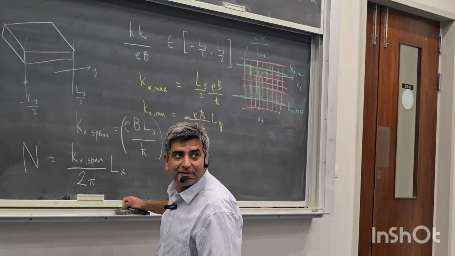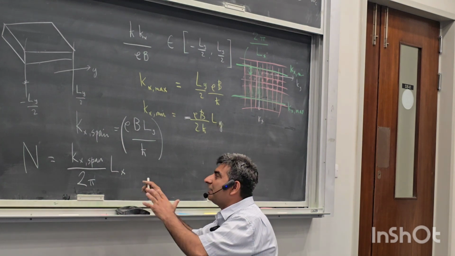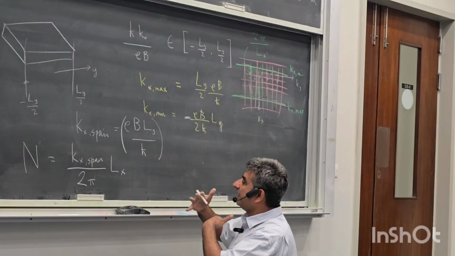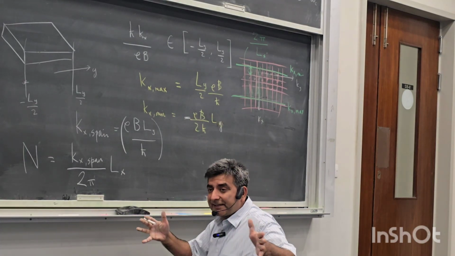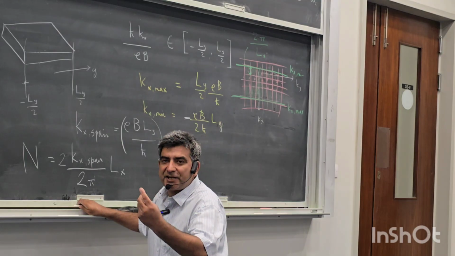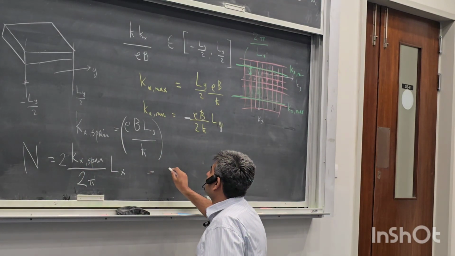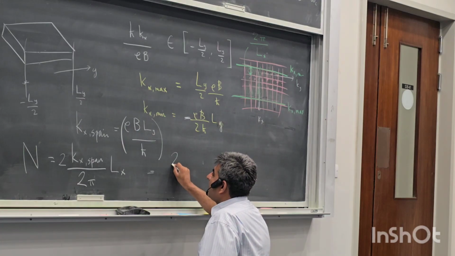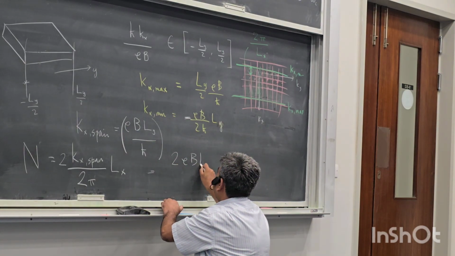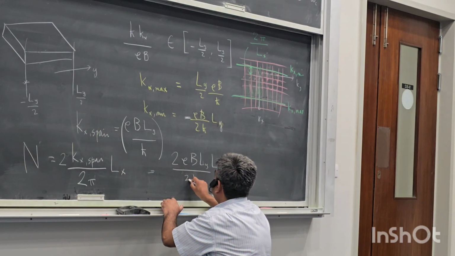Okay, so let me just finish this. The total number of points that are in this axis. So I need to multiply this with 2 as well, because each K point corresponds to 2 electrons with opposite spin. So the Kx span is this EB Ly over h bar Lx over 2, right?